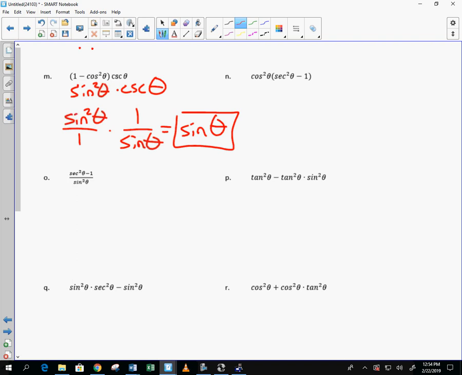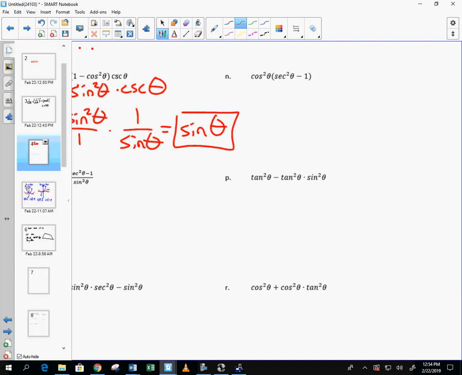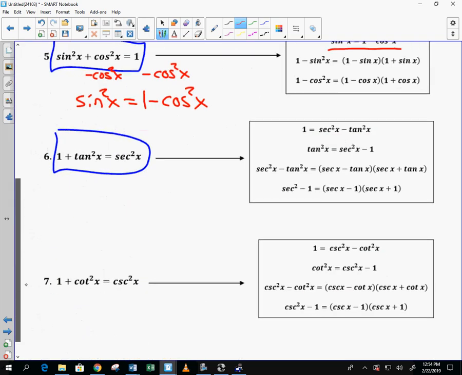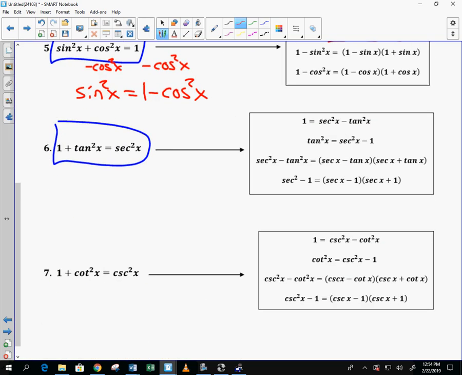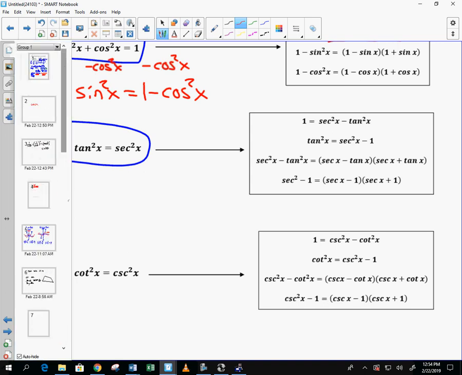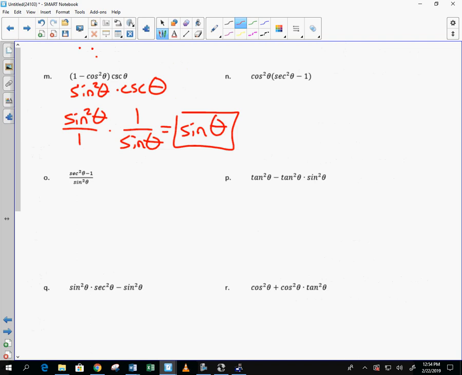Look at what you have here. Secant squared minus 1. It says right here that whole piece is tangent squared. See, Rach? That whole piece is tangent squared. So instead of writing secant squared minus 1, I substitute in tangent squared. So I got cosine squared times tangent squared of theta.